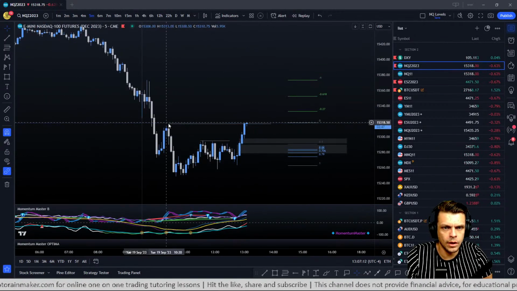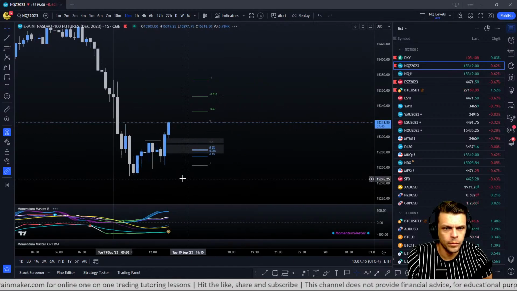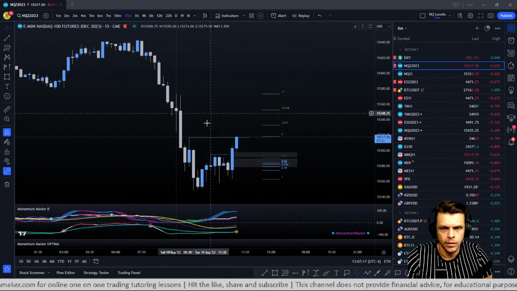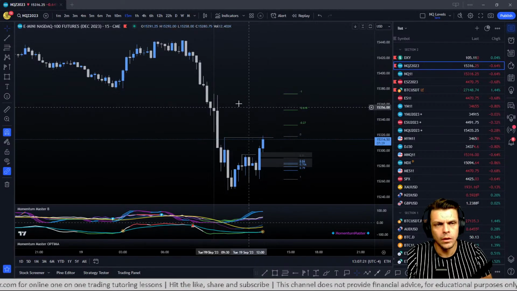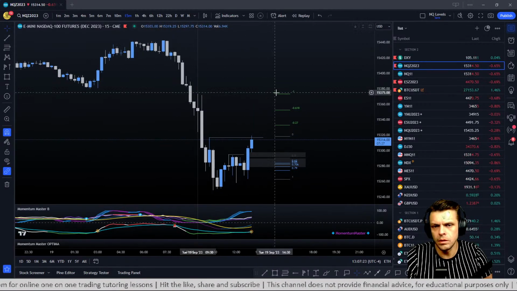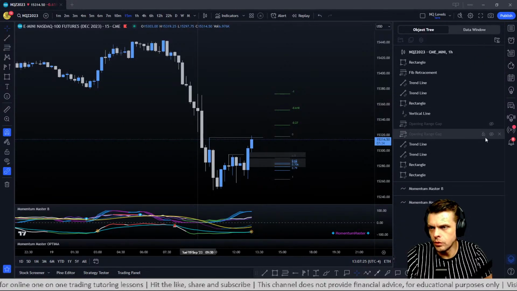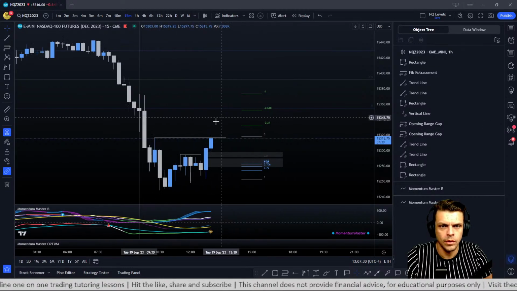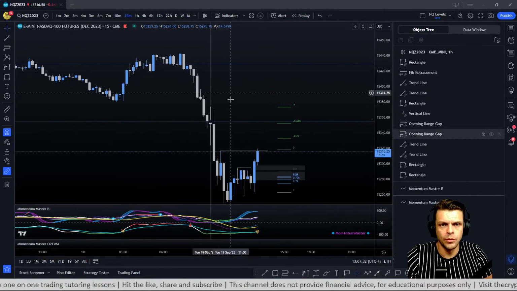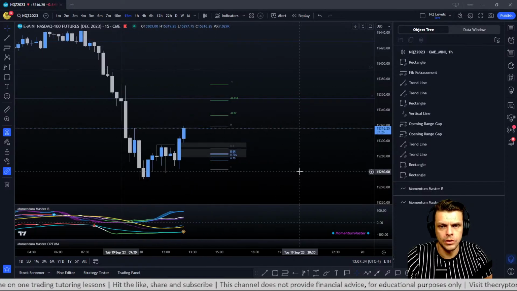Okay, so just taking out that high. Market structure shift on the 15-minute. So it looks like there's a potential for this afternoon to, which one is it? This one. Potentially move back into that opening range gap.